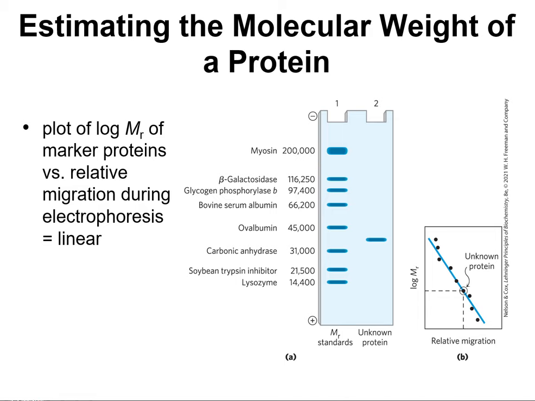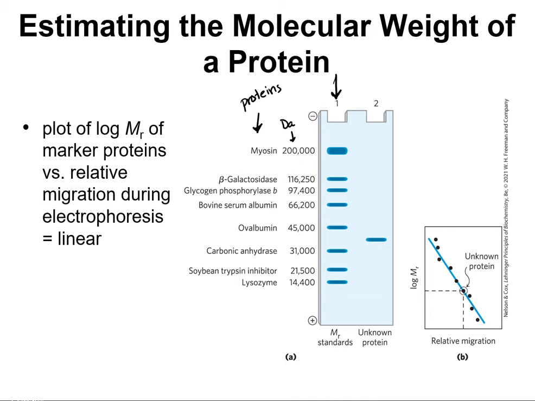If you want to estimate the molecular weight of a protein, you have to have some kind of molecular weight marker proteins. And that's what's, again, in this first lane. Usually, this is something that you purchase, and you receive some literature along with your purchase that tells you what the proteins are and their size in Daltons.